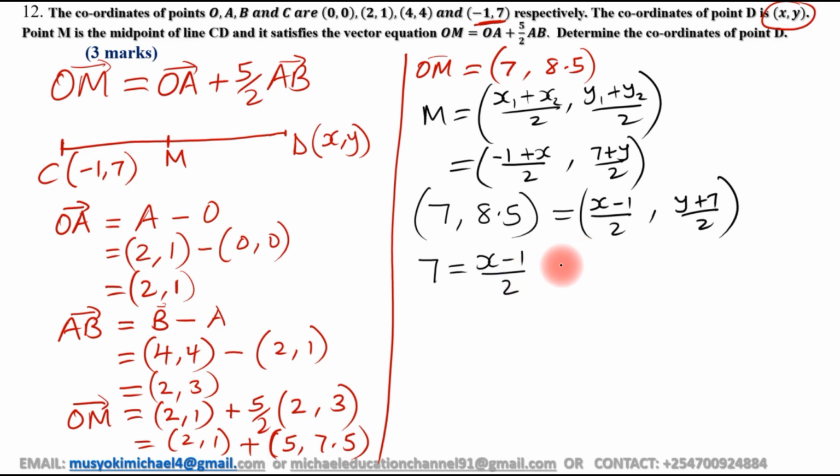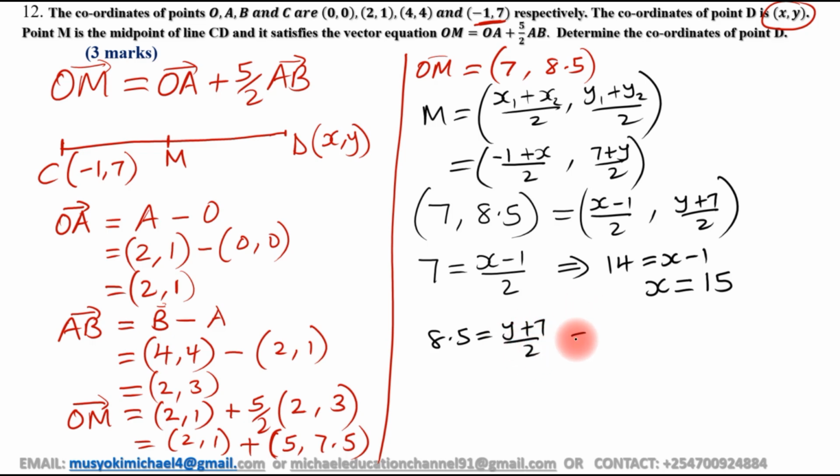Comparing the corresponding coordinates, I have 7 equal to (x minus 1) over 2. So 14 is equal to x minus 1, and therefore x is equal to 15. Comparing the y coordinates, 8.5 is equal to (y plus 7) over 2.